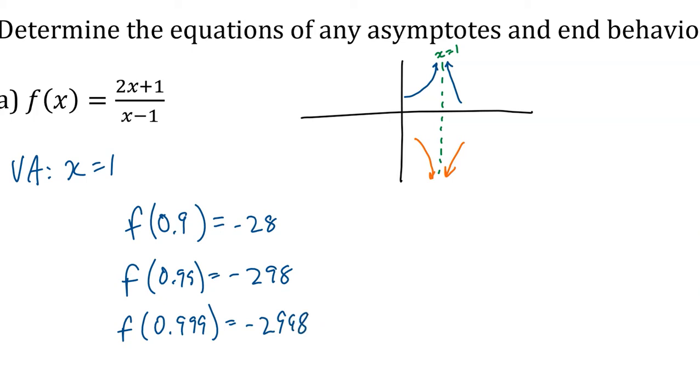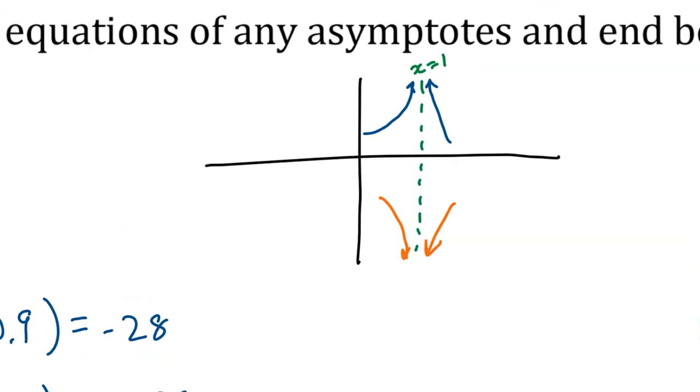We are approaching the asymptote from the left. The graph is either going to do that or it's going to do that. Which one is it doing, the blue or the orange? Orange. How do you know?